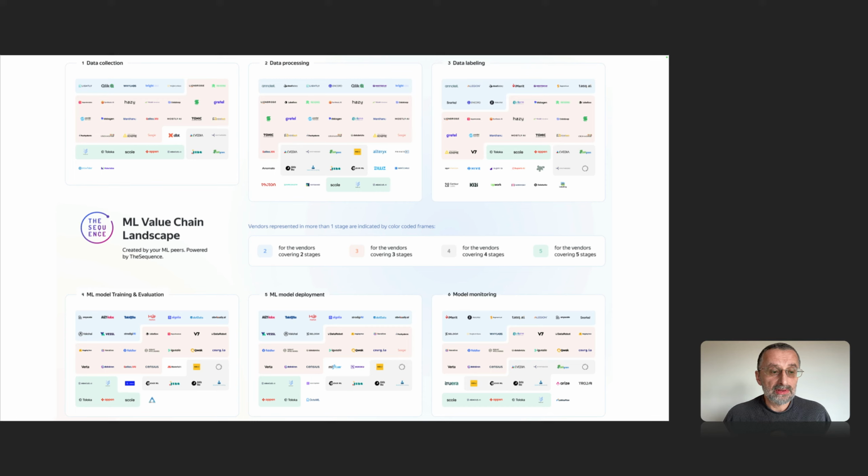I strongly recommend this person because he writes really great posts on machine learning and AI in general. Because here, as you can see, you have in colors vendors covering different numbers of stages. As you can see, there are some systems which cover 2 stages, but there are also some which cover 3, 4, or even 5. So that makes them quite universal. So as you can see, the picture is quite complicated.